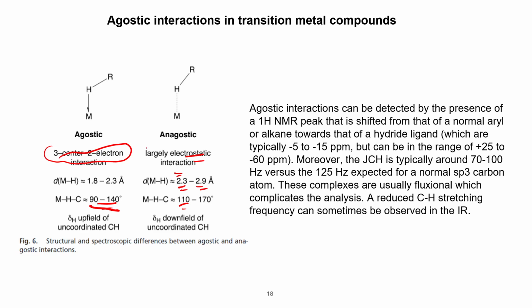Another thing is your proton NMR. For the agostic effect, the delta is in the upfield region, and for anagostic it is in the downfield region to normal field.